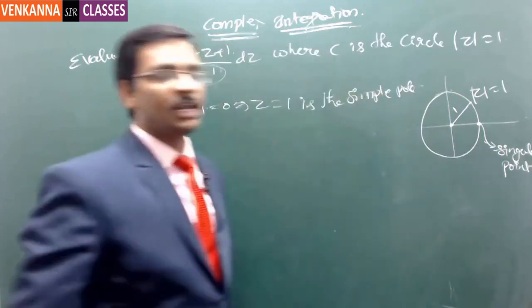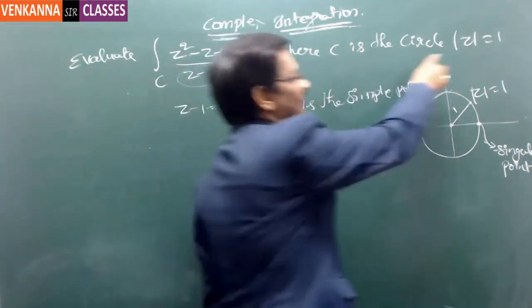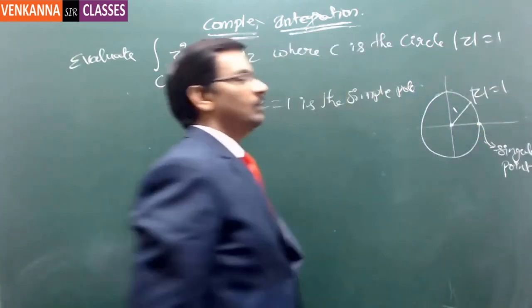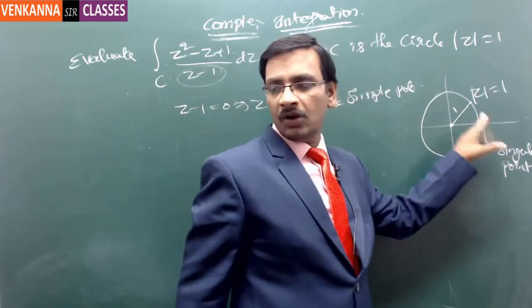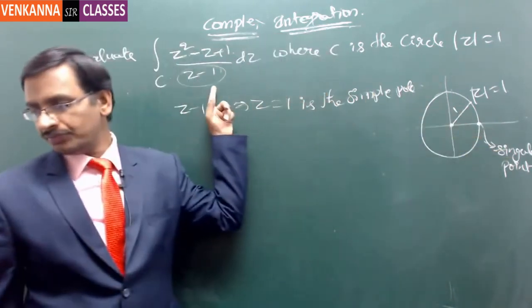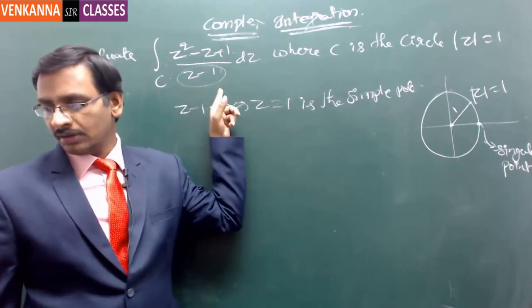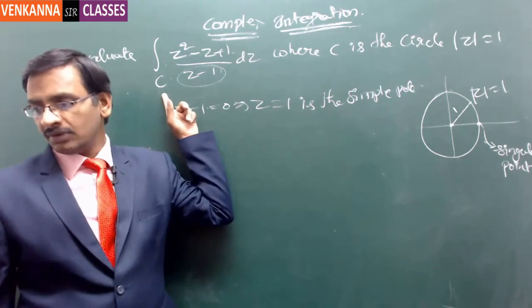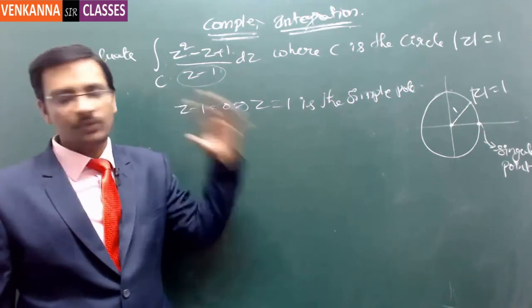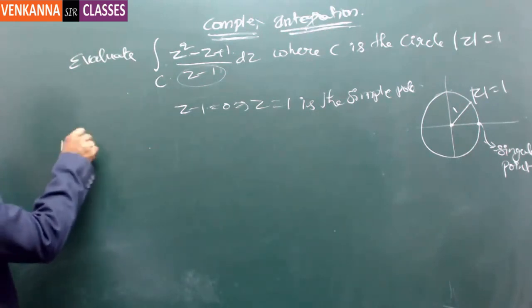Now, if there is a singular point in the region of integration, over the contour C, where C is nothing but mod z is equal to 1. If there is no singular point, obviously the integral value is straight away 0. But there is a singular point at z is equal to 1, and that z is equal to 1 is within this contour C. So you have to use Cauchy's integral formula.